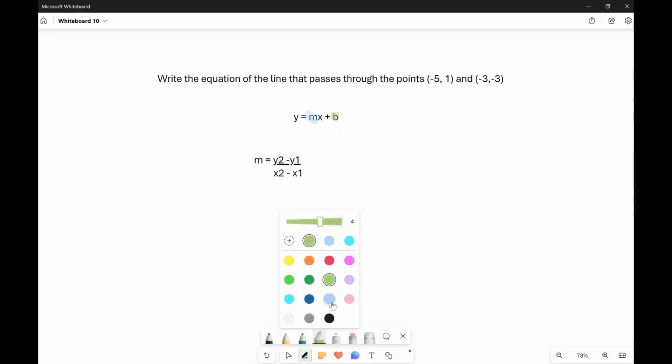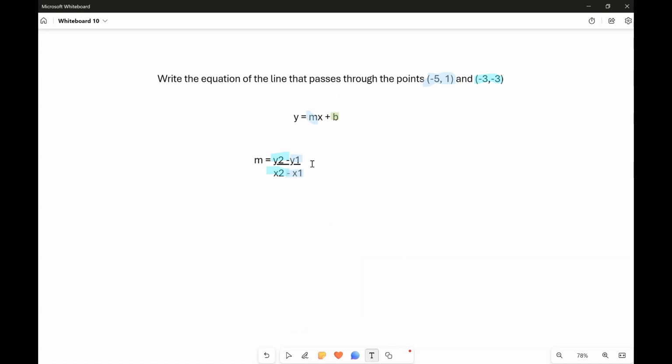So I'm going to use this point as point 1 and this point is point 2. That means that point 2, y2 and x2 are going to come from negative 3, negative 3, and point 1, meaning y1 and x1, are going to come from the values negative 5, 1. All right, so let's continue from there.